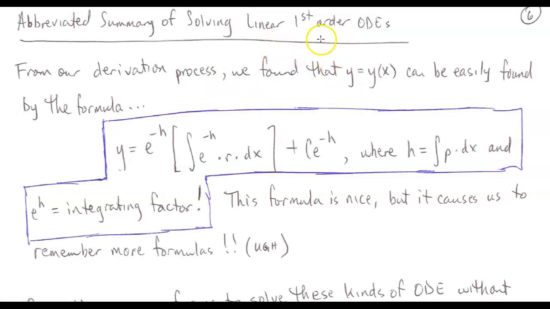So in short, from our derivation process, we found that if we wanted to use the formulaic way of solving a first order linear equation, then for our equation that looks like this, dy over dx plus p of x y equals r of x, if we identify what p of x is and what r of x is, which we'll know, then of course we can just use this formula here where h is the integral of p dx, and e raised to the h is going to be our integrating factor.